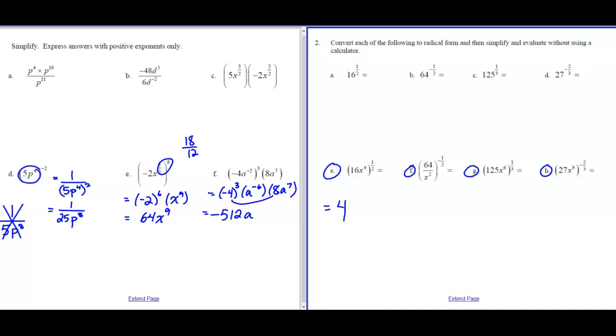If you have to show the work, you can, but why? Nope, that's only when you're solving an equation. That's a positive, so it gives you 4, and then x to the 4th raised to the 1/2: 4 times 1/2 is 2.